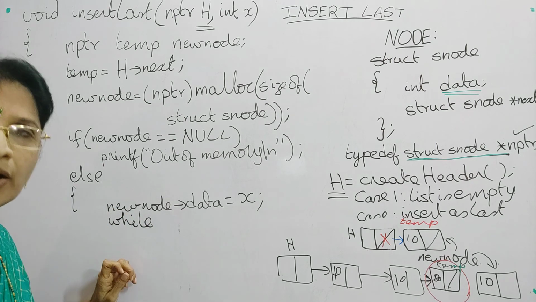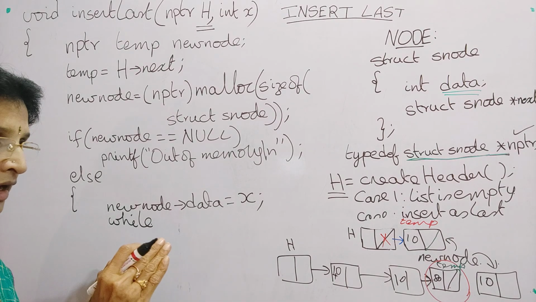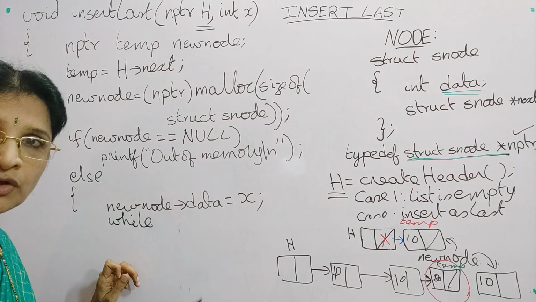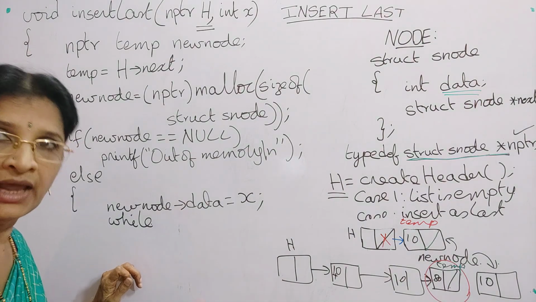While, so first of all you have to check whether a node is there, and also you have to check whether its next is not equal to null.